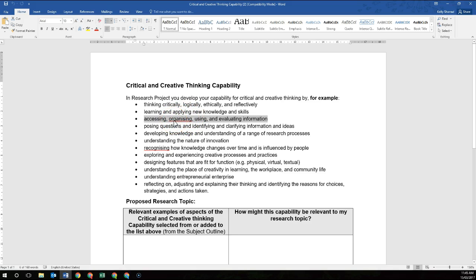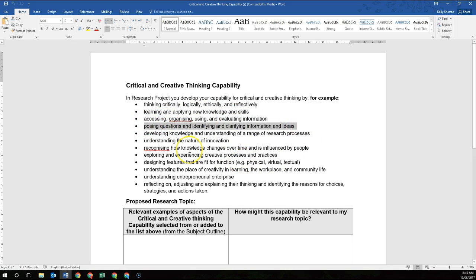So you might choose to develop your ability to organize information by creating Word documents that summarize the information with a list of all the information and where it came from. You might want to then look at how you're going to evaluate this information by looking at selecting appropriate information for your research project rather than just copying pasting all the information into your research project.